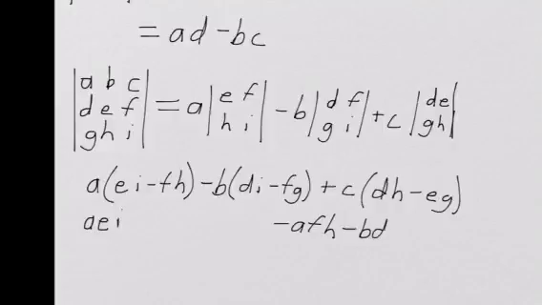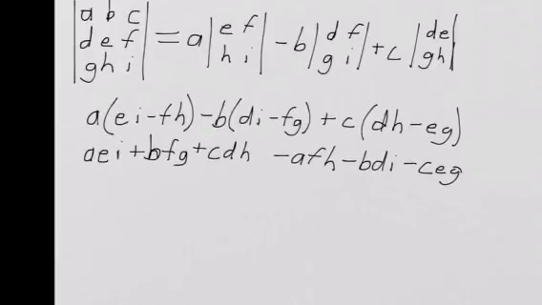Minus BDI plus BFG, and then plus CDH minus CEG. So we got there. It does take a lot of work, and I do not expect you to just memorize this formula as the determinant of the 3x3.